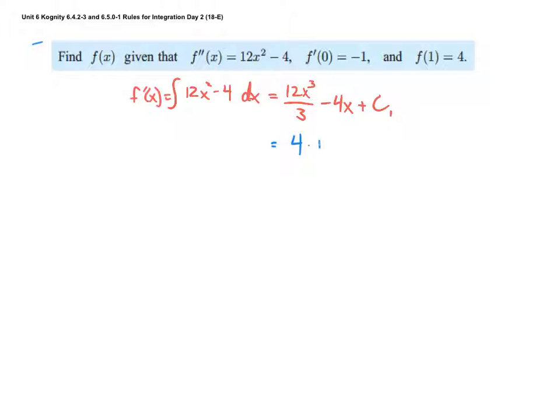So 4 times 0 cubed minus 4 times 0 plus c1 equals negative 1. So of course that means c1 is negative 1. Now I know what my first derivative is. f prime of x is 4x cubed minus 4x minus 1.